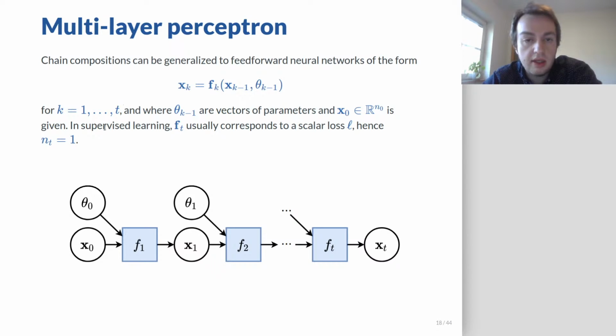And here, as you already asked in your questions, ft, the final function in the composition, usually in supervised learning would correspond to a loss L, for example the mean squared error, the binary cross entropy, or others, which would produce as output a scalar value, and therefore nt would be equal to 1.